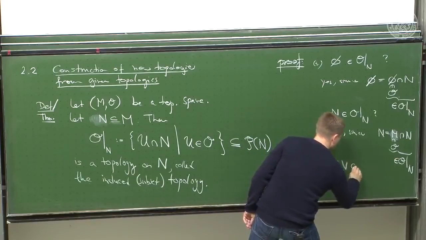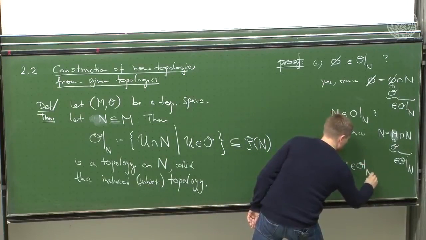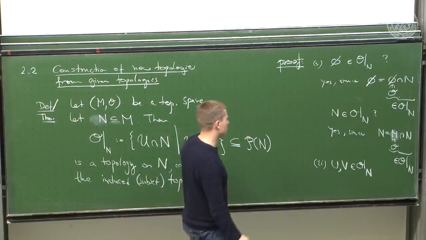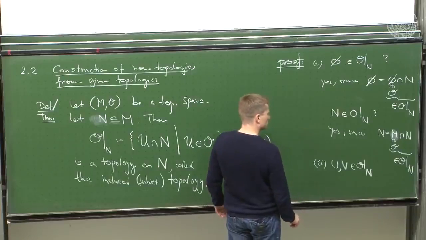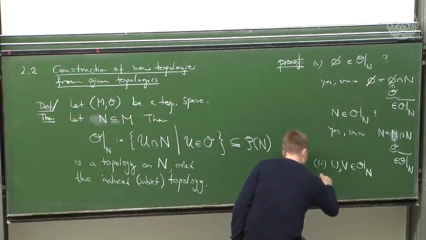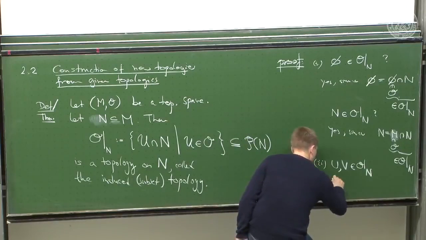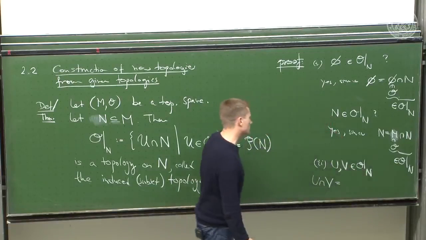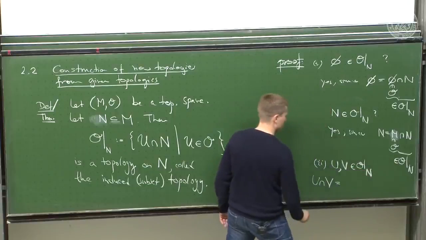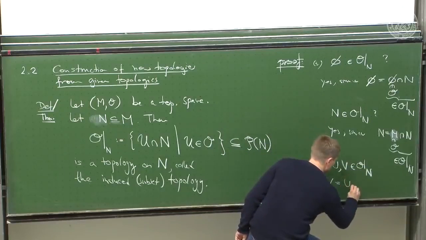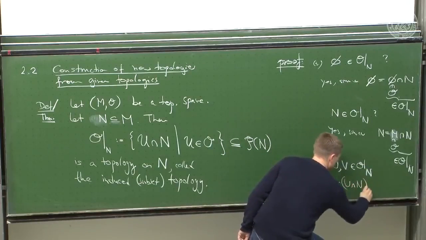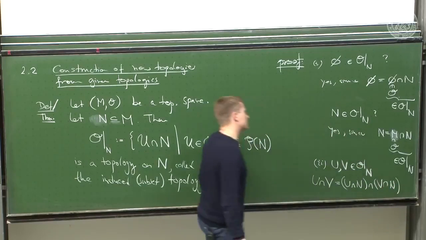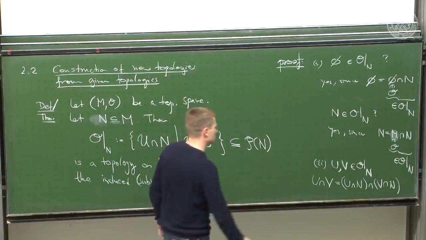Second, you look at the intersection. U, V, elements of this topology. What about the intersection of the two? So you look at U intersected V, but you can, because these are subsets of N, write them as U intersected N, V intersected N, because they're already subsets of N, this doesn't change.